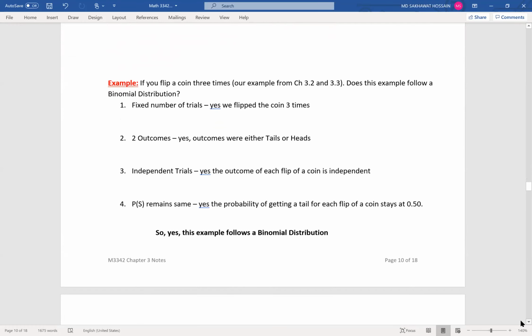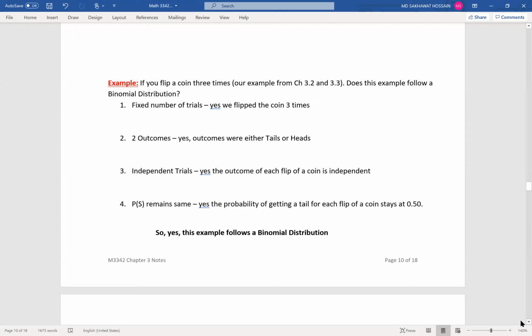If you flip a coin 3 times, does this example follow a binomial distribution? Now you need to check whether this data satisfies all 4 requirements. The first requirement is a fixed number of trials.